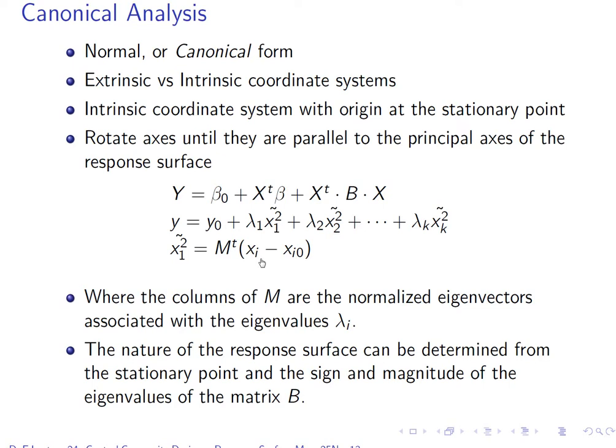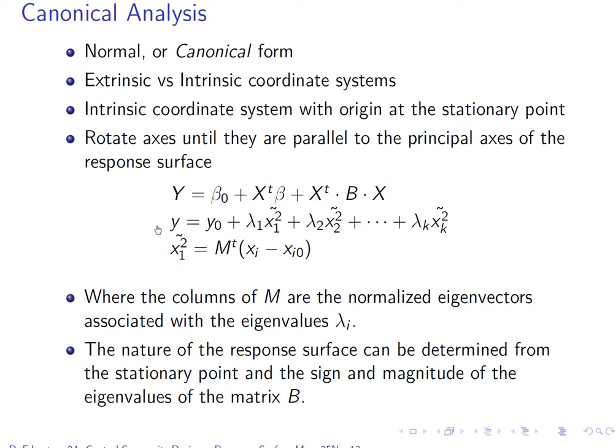So if it was at the original bound, then I would have 0. If it's at the upper bound minus lower bound, it would be at the maximum value. And when I multiply it by the eigenvectors, I'm then mapping or transforming that into the intrinsic system. So an upper bound minus lower bound would be mapped to a value of 1.